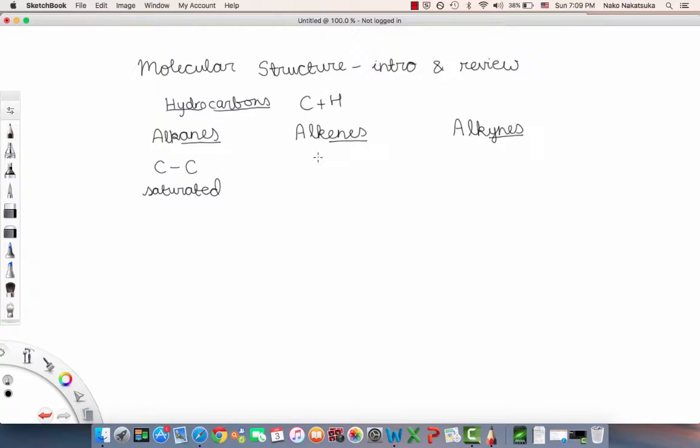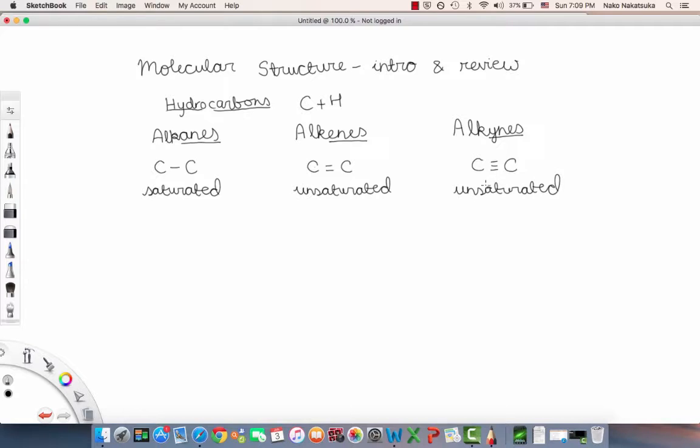On the other hand, for alkenes, we have double bonds between the two carbons, and this is called unsaturated. So basically, when you have more than one bond between carbons, it's called unsaturated. For alkynes, we have a triple bond between the two carbons, and this is also unsaturated.